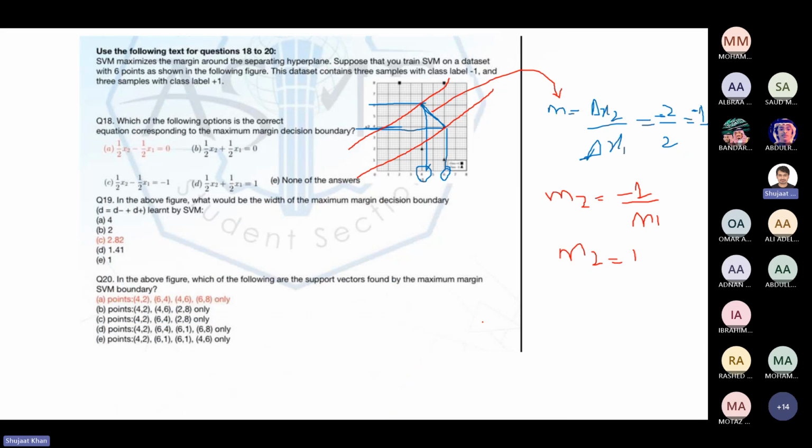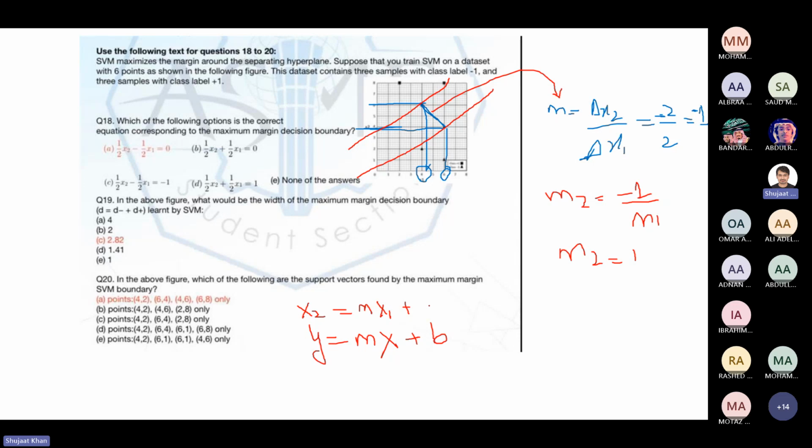Now, if you remember, the equation of a line is defined by y = mx + b. Here y is our x2, m is m, x is x1, and b is simply the y-intercept.